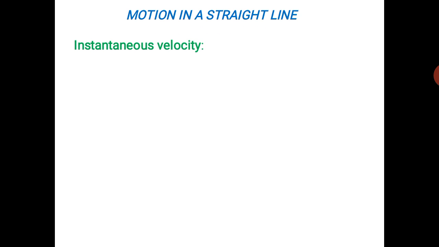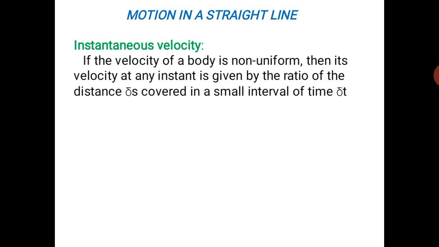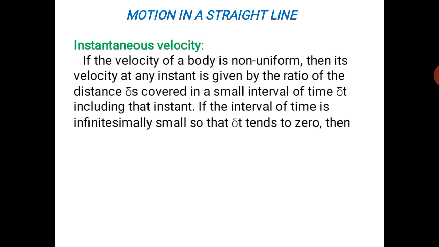One more term: instantaneous velocity. The term instantaneous means at a particular instant of time. If the velocity of a body is non-uniform, then its velocity at any instant is given by the ratio of the distance delta s covered in a small interval of time delta t.